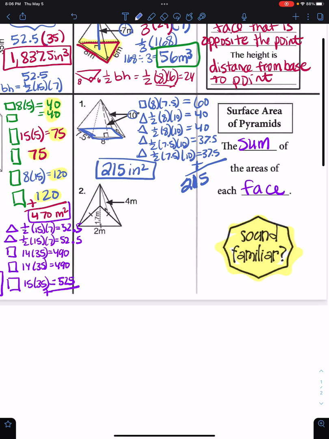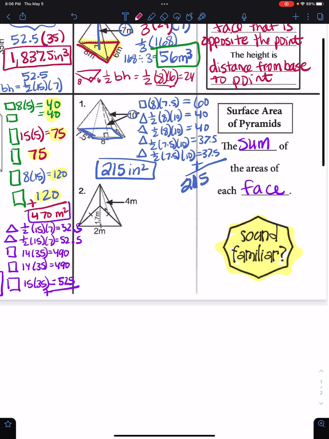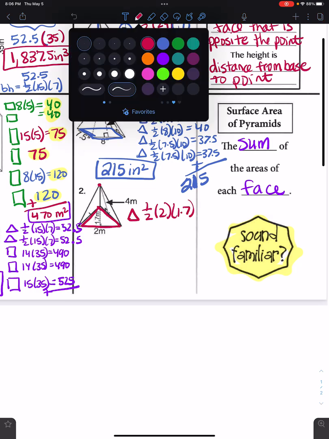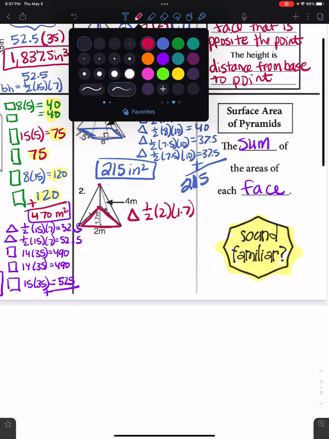This last one is a triangular pyramid. So it has this bottom face, which is across from the point. It's the base. That triangle is half of 2 times 1.7. And then we have 3 identical triangles making up the other faces.